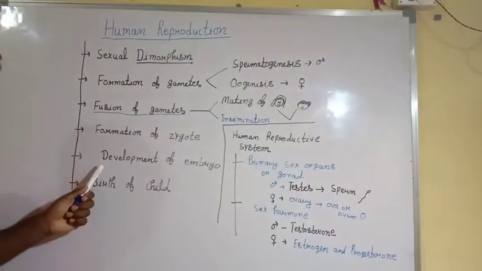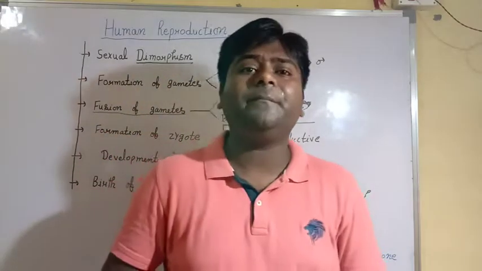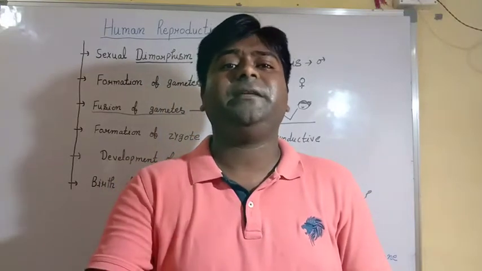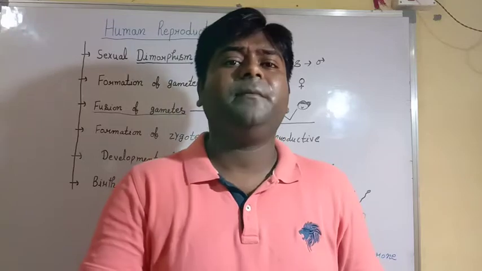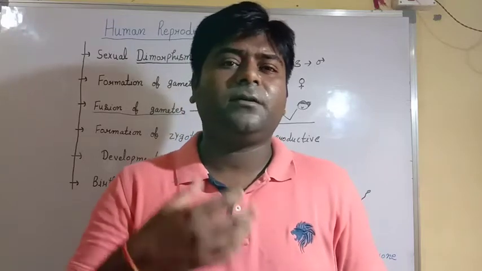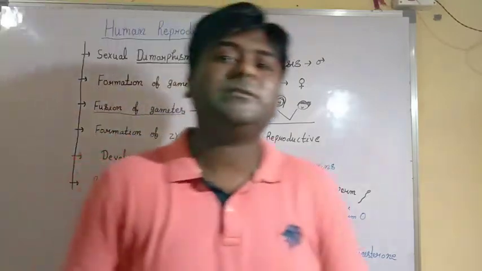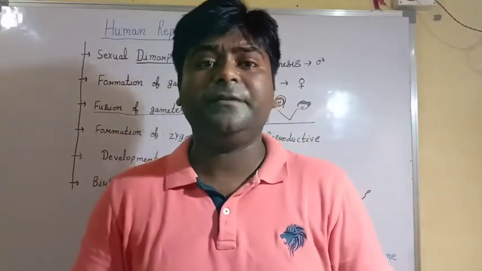So we have development of embryo, and after the completion of development, that is the gestation period. What we call the gestation period. It is 9 months in case of the human approximately. It may vary under certain conditions. Then we have birth of child, that is parturition. It means birth of child, delivery of child.